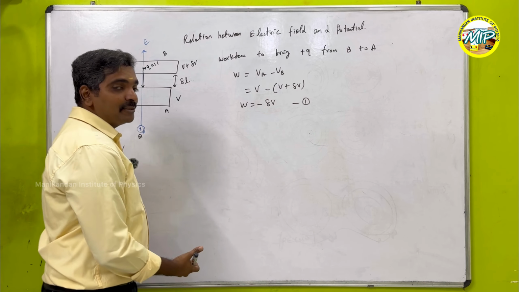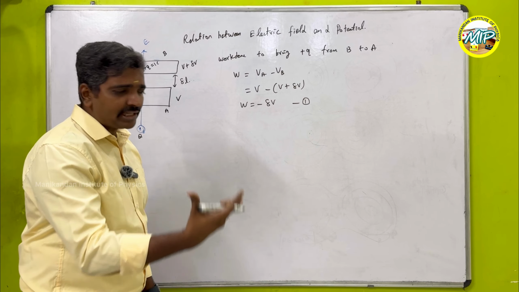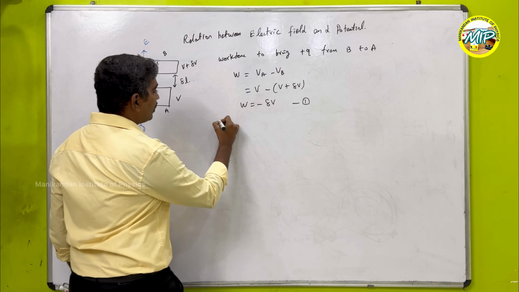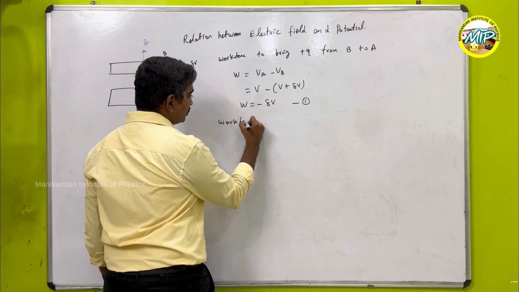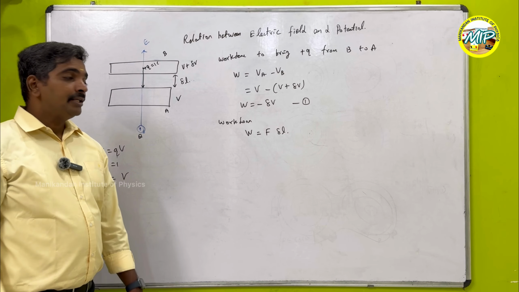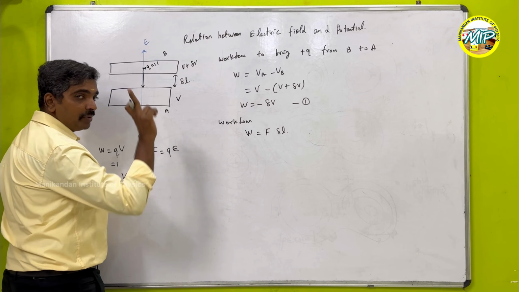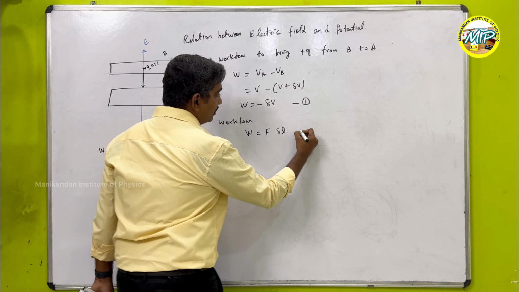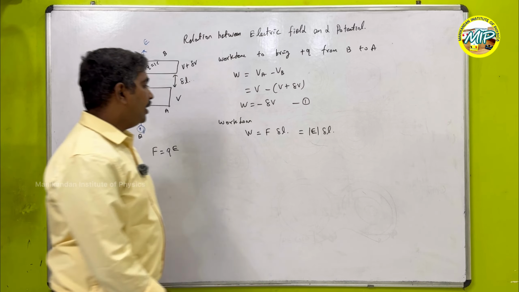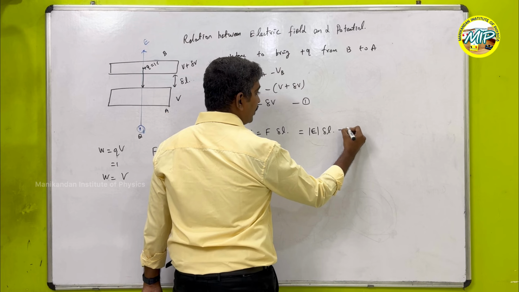Next, I am going to write the expression from electrostatics, not from Newton's law. I can simply write the work done W is equal to force into displacement, right? My force F equals Q into E. Anyway, Q is 1, so F is equal to E. Then I can write modulus of E into delta L. This is my equation 2.